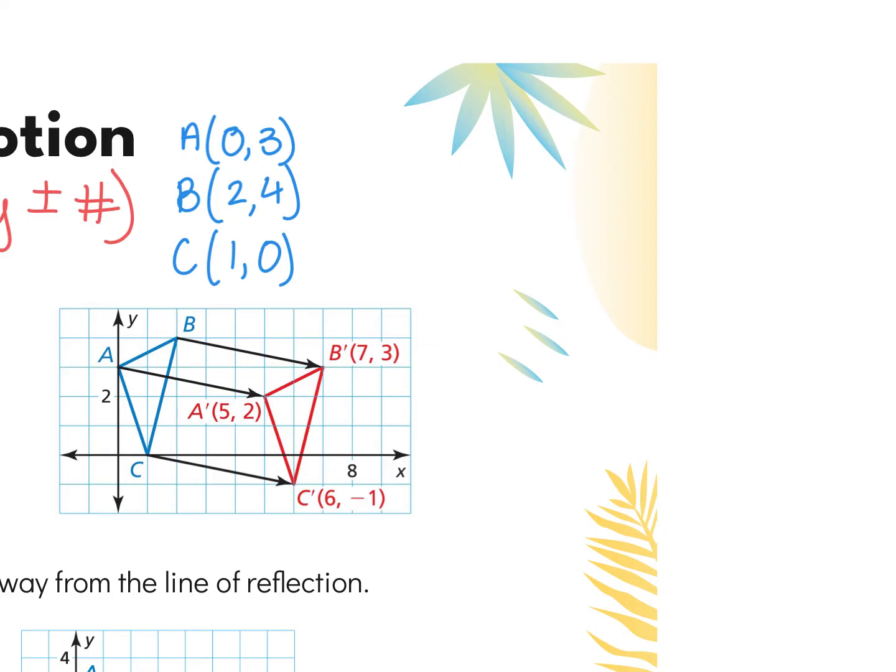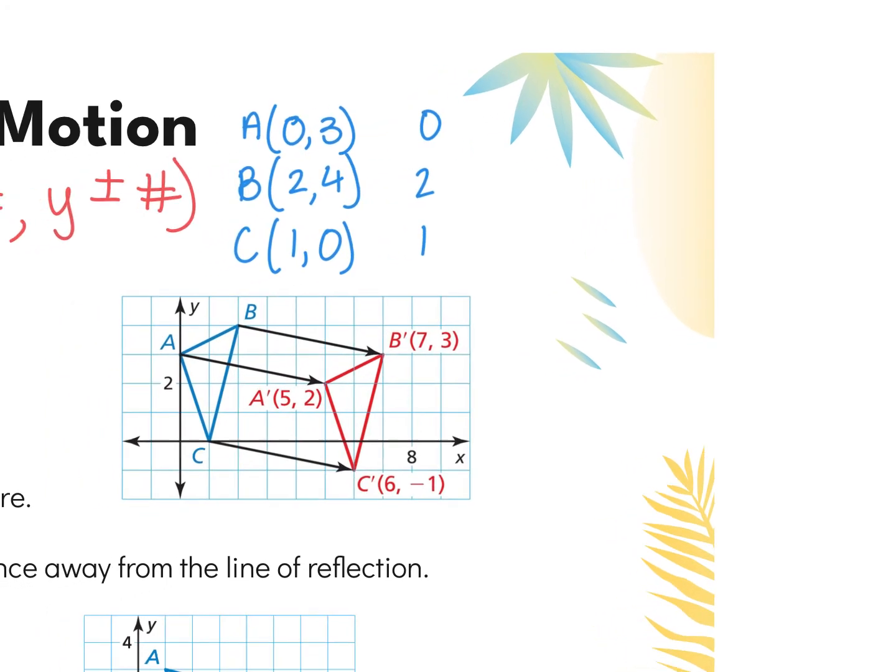Now, how am I determining my movement? My x values are 0, 2, 1. I'm either adding or subtracting by the amount of times I moved on the x. So here is my first A, here is my second A. These are my x values, the ones going left and right. So I'm going to count how many times did I move.